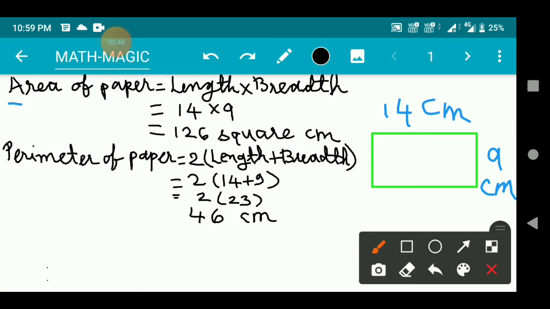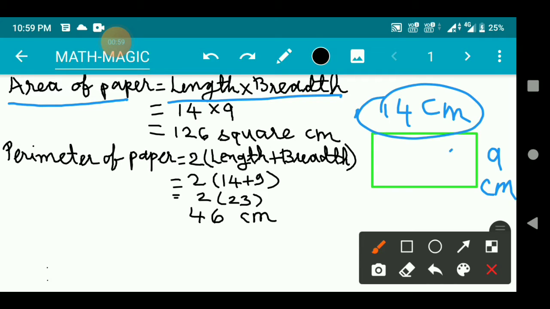Now here area of paper is equal to length into breadth. So length is given 14 cm and breadth is given 9 cm. 14 into 9 is equal to 126 square centimeter is the area of paper.